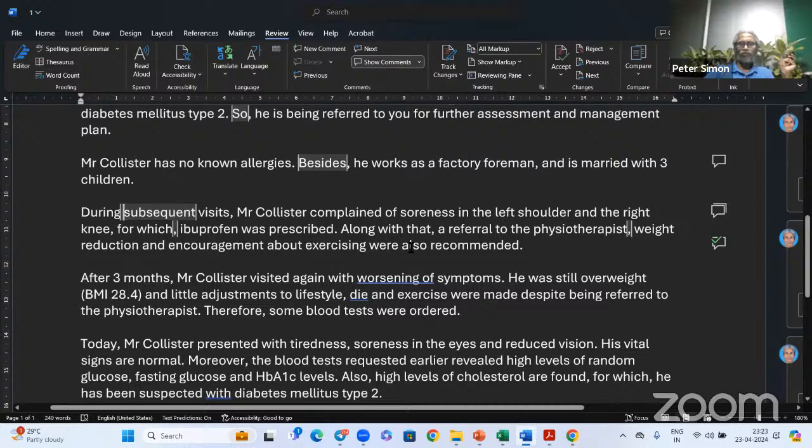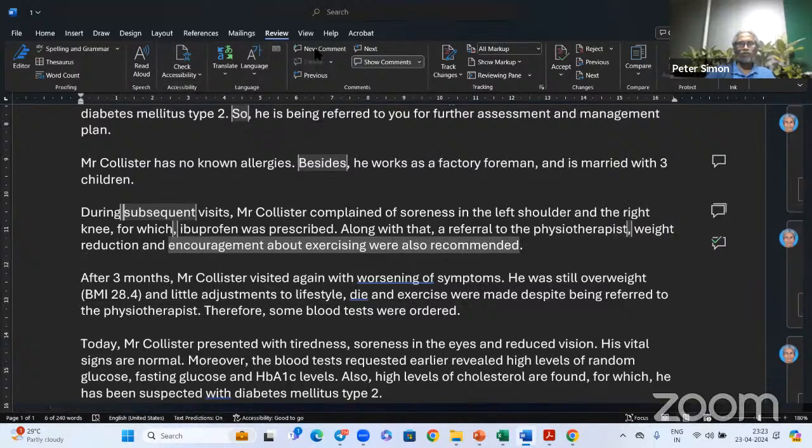During subsequent visits. Okay, encouragement about this sentence. Full sentence you can change it. Change it to what? Regular exercises or exercises were encouraged. And weight reduction.